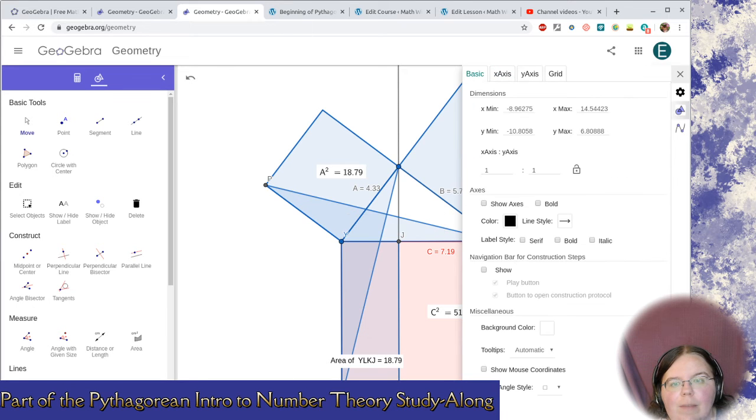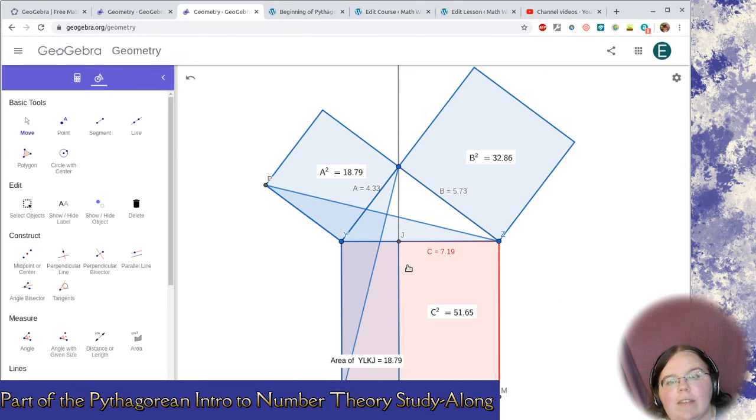Overlapping sides make it tricky. Oh, I see. It's because I have overlapping polygons. Well, the point is you can see that those are sides of the same square, so they have to be the same length. This and this also are sides of the same square, so they have to be the same length.